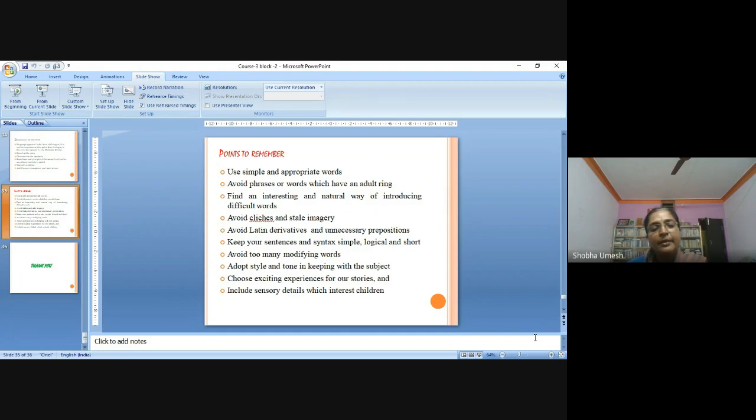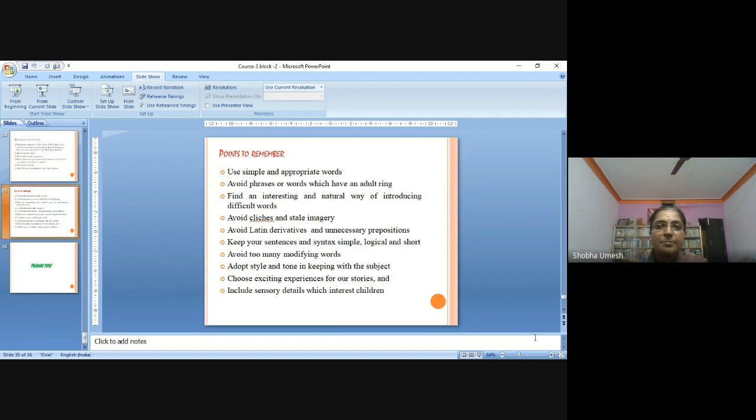Try to bring the exciting experience of your stories and include sensory details which interest children. Always try to see what attracts children, what they are interested in, what makes them read the stories, and also what will excite them.